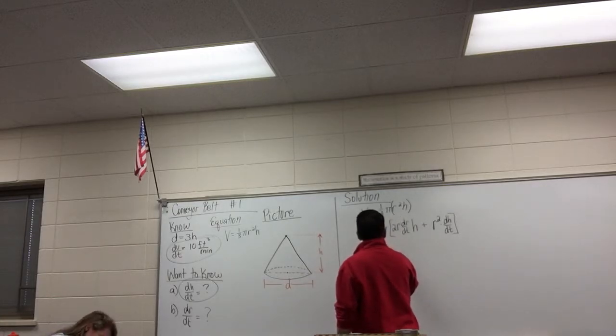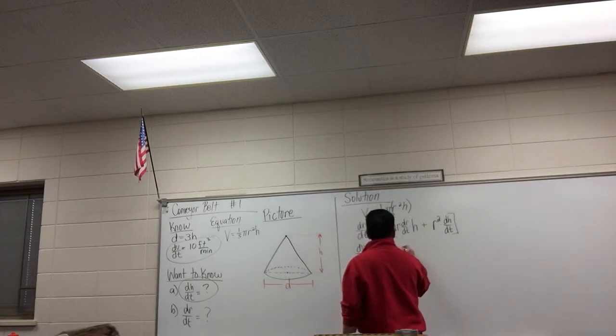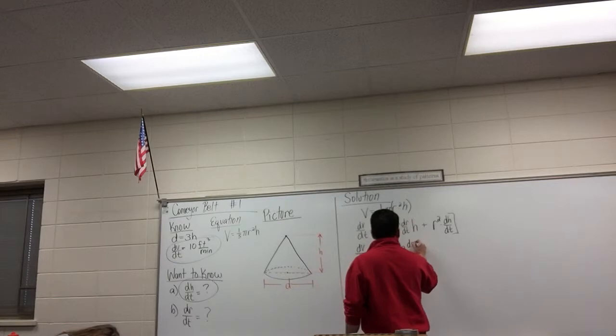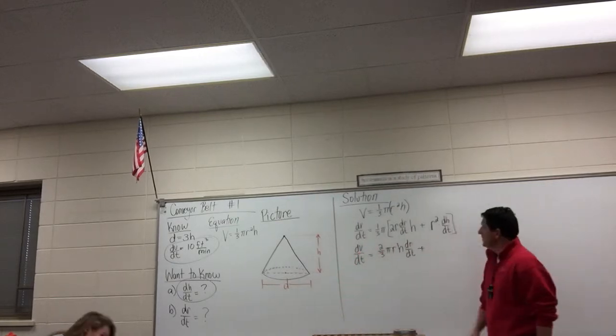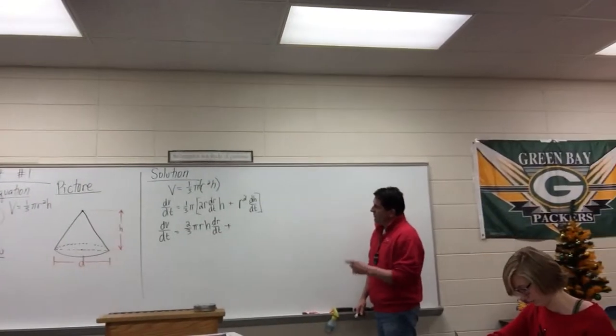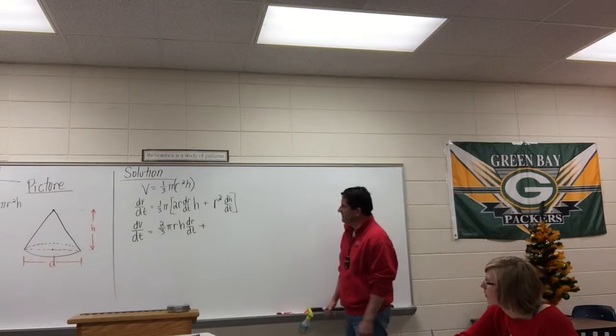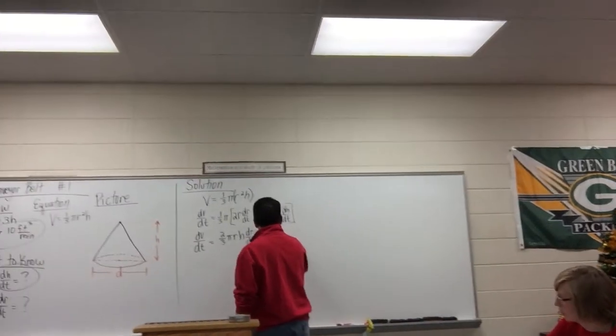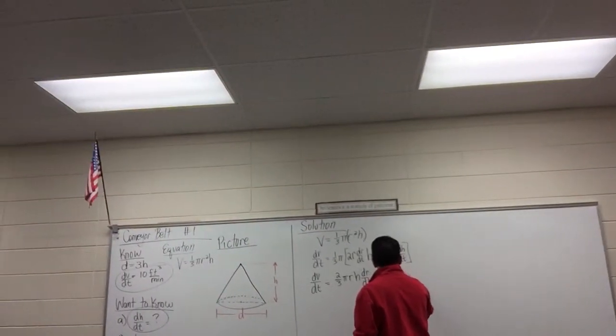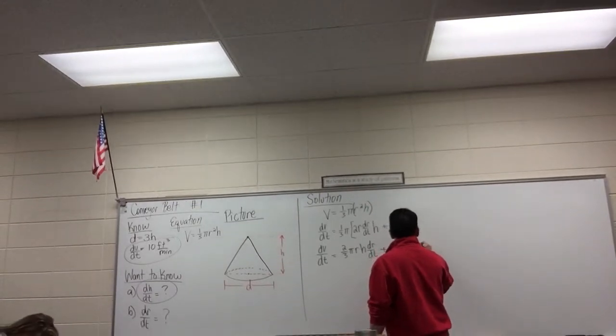I'm going to distribute 2/3 pi r h dr/dt. Now I just changed the order a little bit there. But make sure I got everything. 2/3 pi r h dr/dt. And then this is 1/3 pi r squared dh/dt.